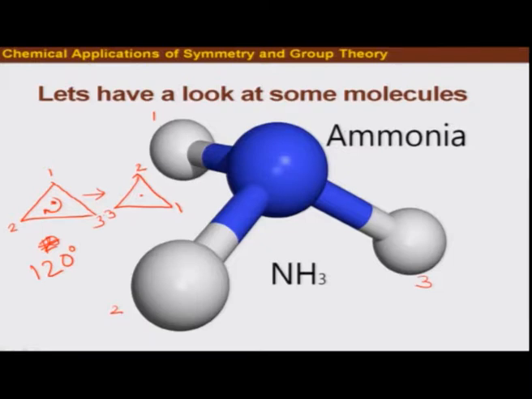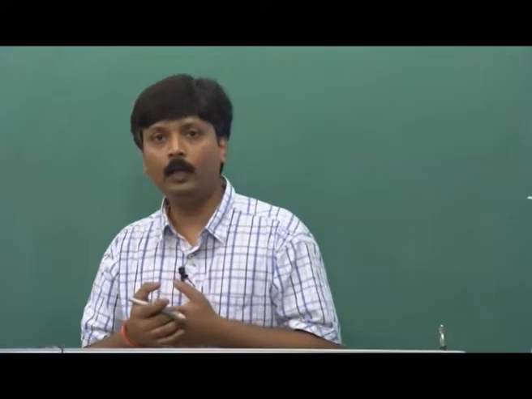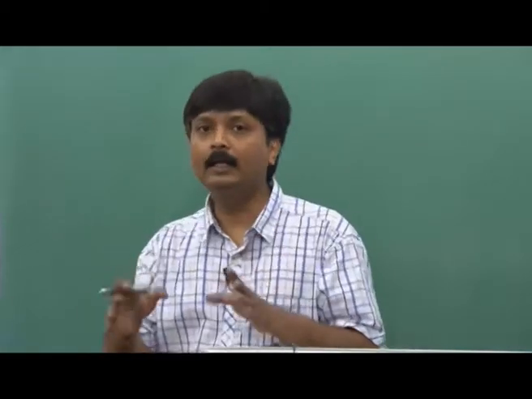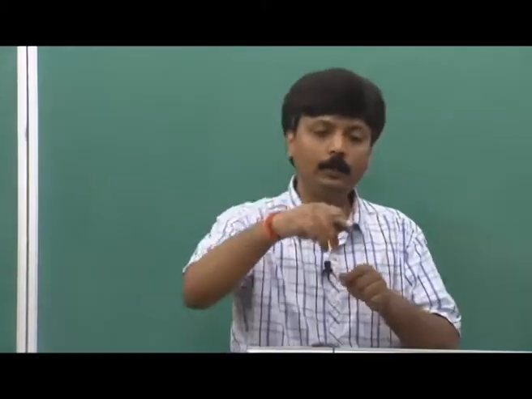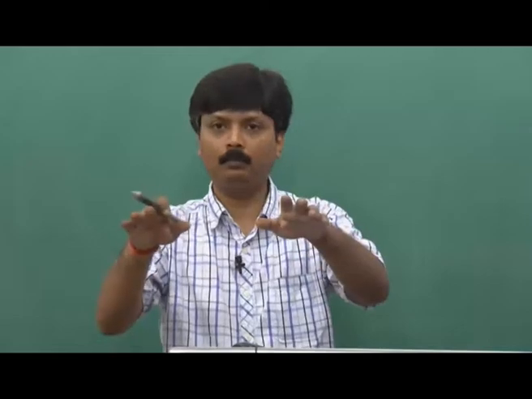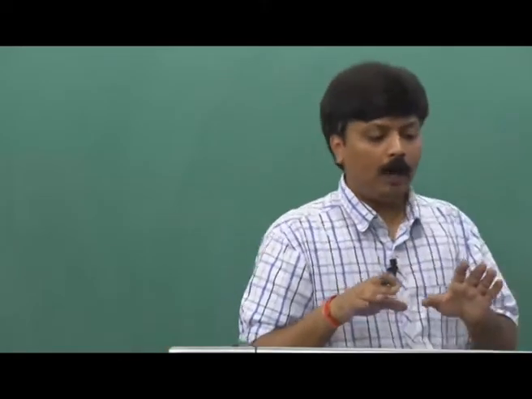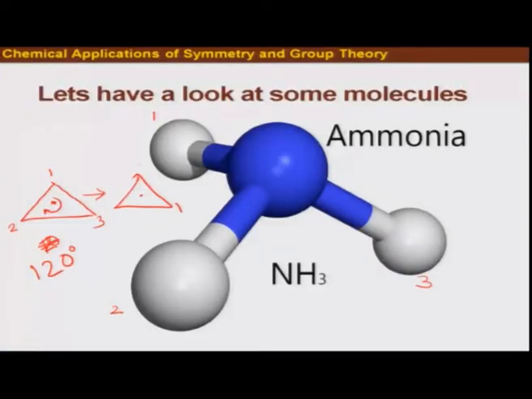Now, if I hadn't marked these hydrogen atoms, then I would have no option to figure out whether anyone has done anything with this atom. But actually you can take this atom and rotate it, suppose. So, I can get several indistinguishable structures of this molecule.